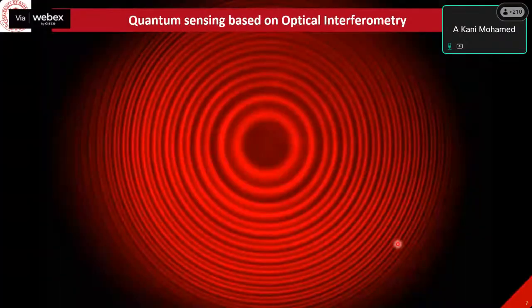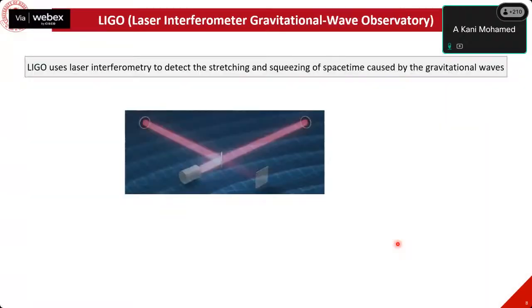So now I will talk about today's topic, which is quantum sensing based on optical interferometry. This uses laser light and its interference to detect changes in physical parameters. One famous example of laser interferometric quantum sensing is LIGO.